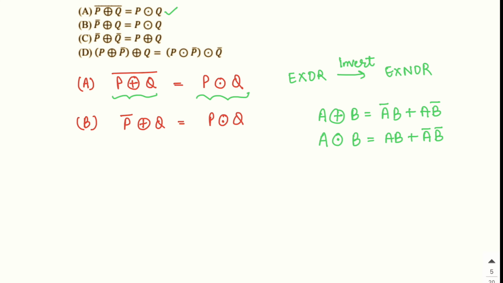If you know these two things, then you can solve the questions based on XOR and XNOR. So let's try it out. We'll evaluate the left hand side according to our expression and see whether it is equal to the right hand side.